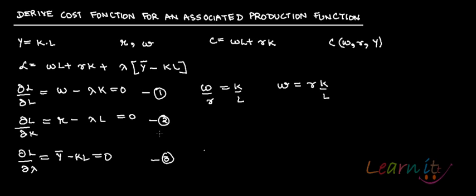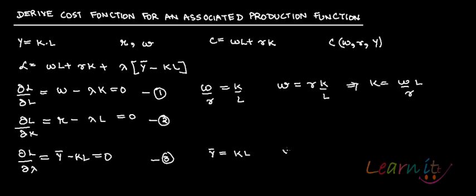Or instead, I've written it wrongly. What you should be writing is that K is equal to W by R times L. This is what I wanted.